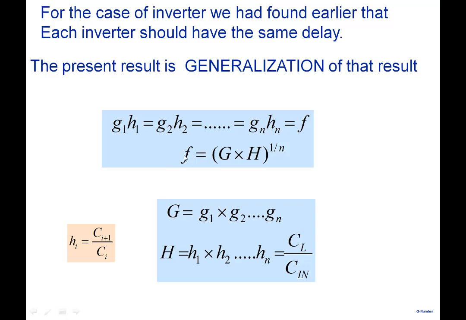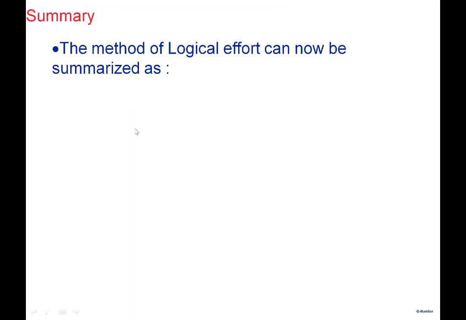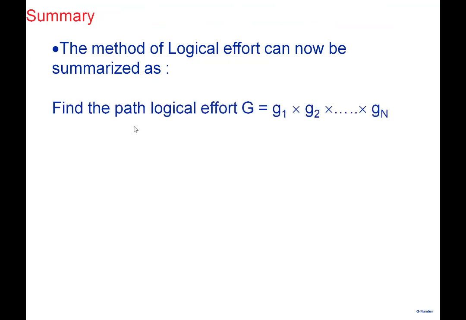And once you find out F for that particular path, you can take F here, and G1 is known, so you know H1. You know H1, you know H2, and you know Hn. And from there, you find out what the sizes are, because once you know H, the sizes are related to H here. All right? So anyway, this is what we said.